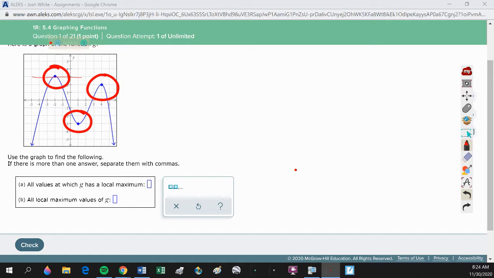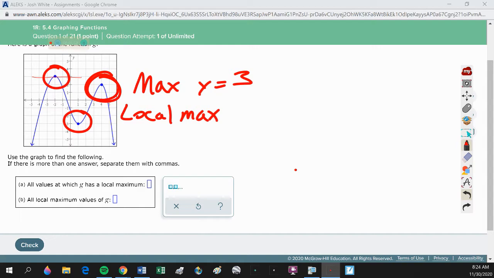Okay? So we would say the maximum of this graph is y equals 3, but it does have a local maximum at y equals 2, and it also has a local minimum at y equals negative 3.